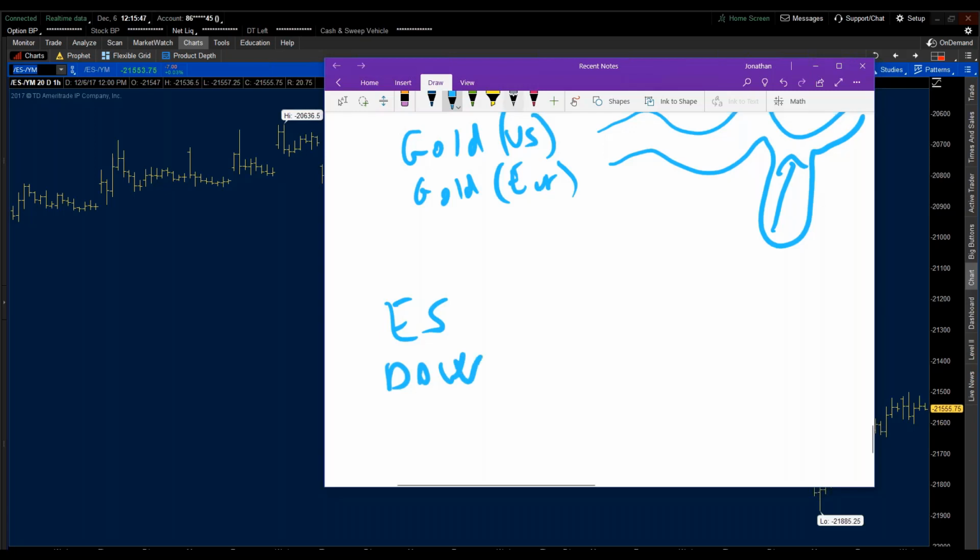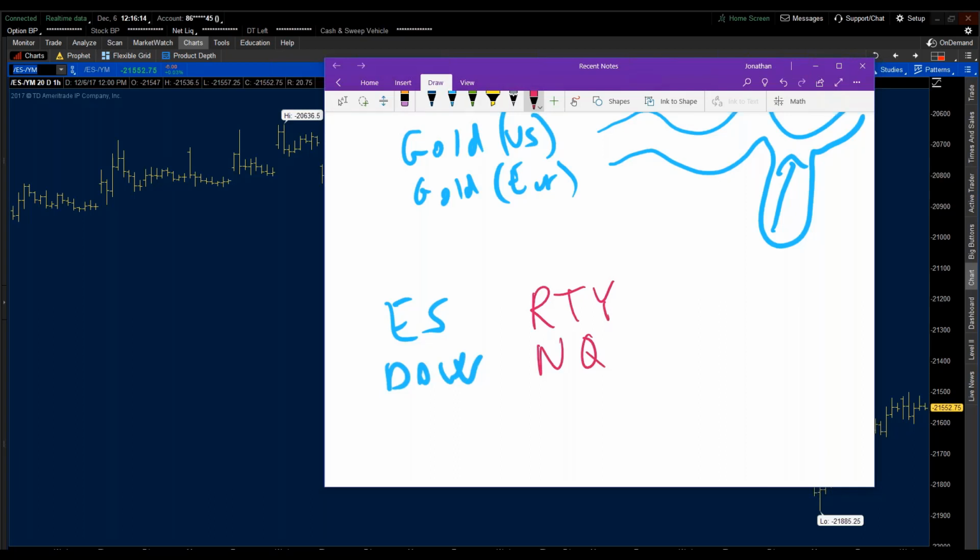And so what we want to do is figure out between the S&P and the Dow what's expensive and what's inexpensive relative to one another, but then we want to go further, right? I would say all four of them together have right about the same correlation.